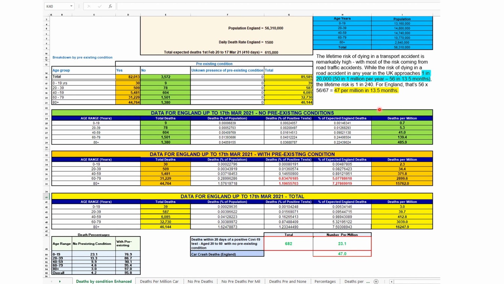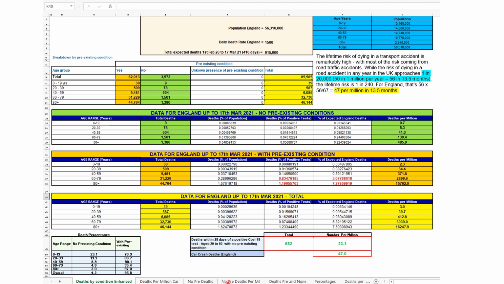So 13 and a half months of this, and we're still in lockdown, never came out of it. And the lifetime risk of dying in a car crash in England is 47 people per million in 13 and a half months.